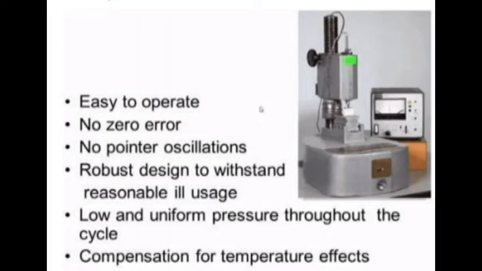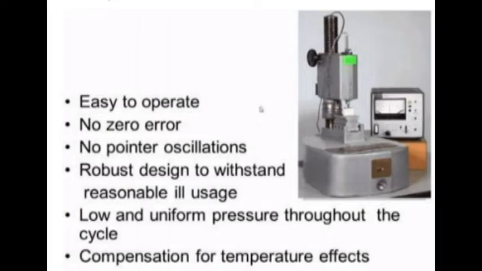This is an example of an electronic comparator, like an LVDT, linear variable differential transformer. When we place the workpiece between the table and the probe, the probe will move, and the signal is sent to the indicator, and the pointer will move on the rotary scale. We can select the desired range and the sensitivity of the operation.